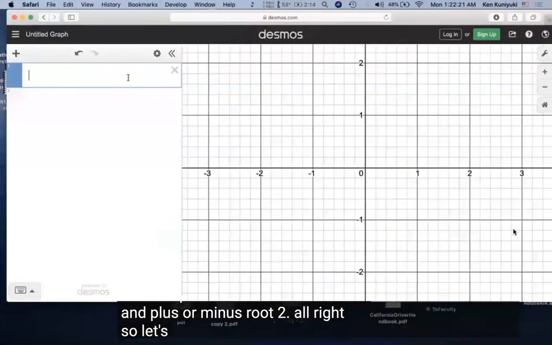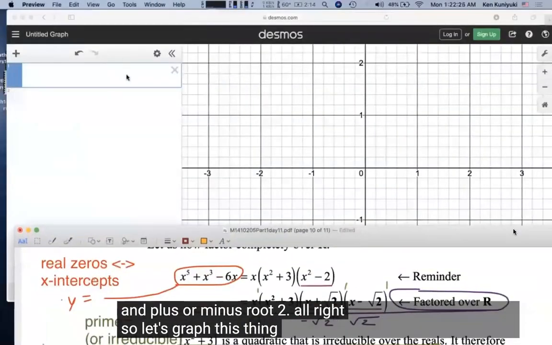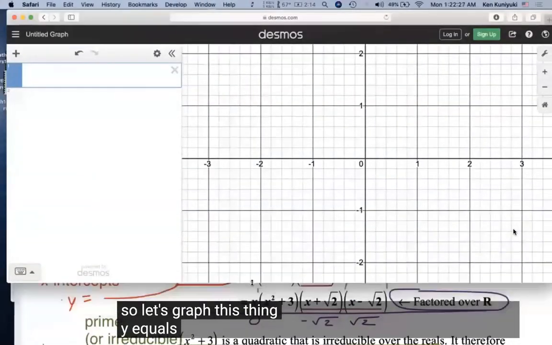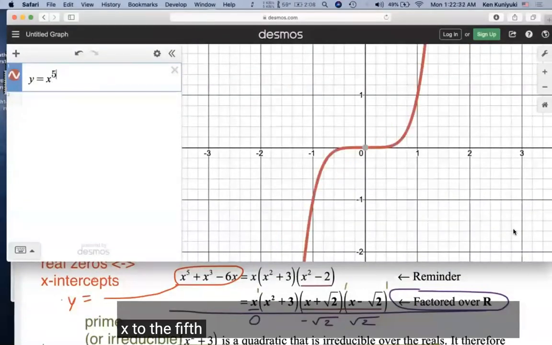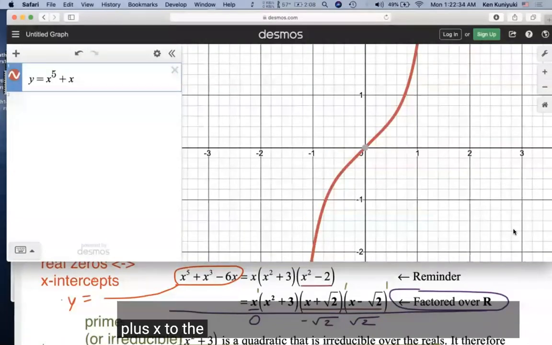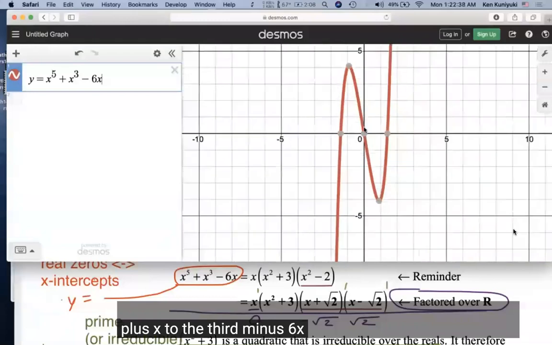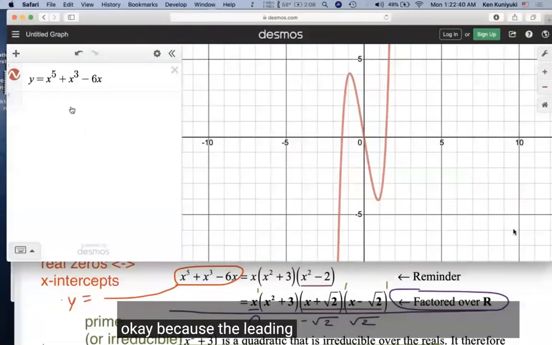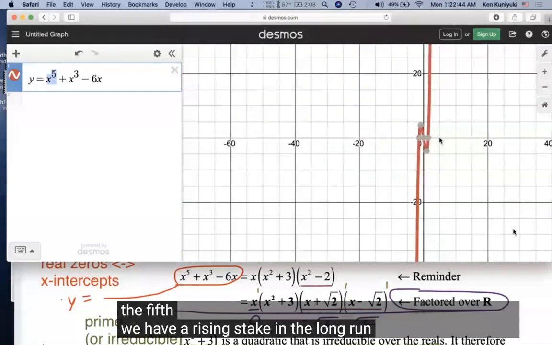All right, so let's graph this thing. Y equals x to the fifth plus x to the third minus 6x. Because the leading term is x to the fifth, we have a rising stake in the long run.